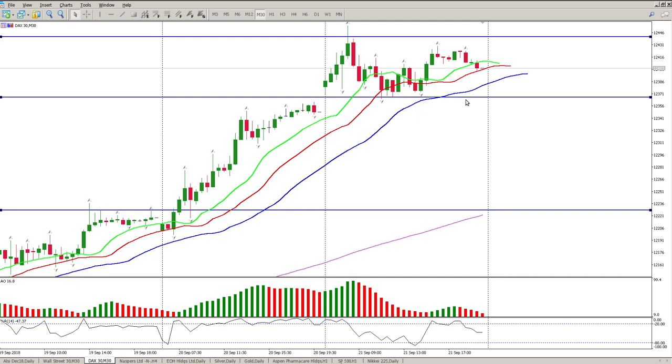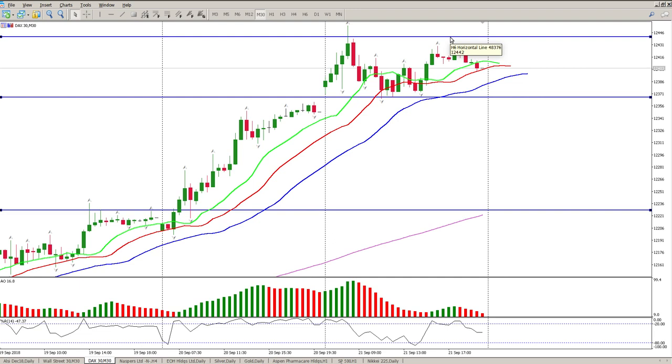We do have a gap here, which I anticipate will get closed. And I also anticipate that we're going to move a little bit further down before we find a base and then move to the upside. And the move to the upside is either going to test this breakout and then move back to the downside, or alternatively, it will break through and come and test the highs.